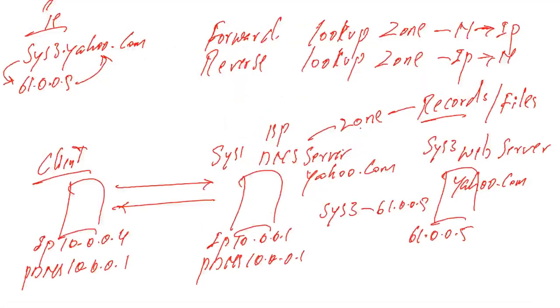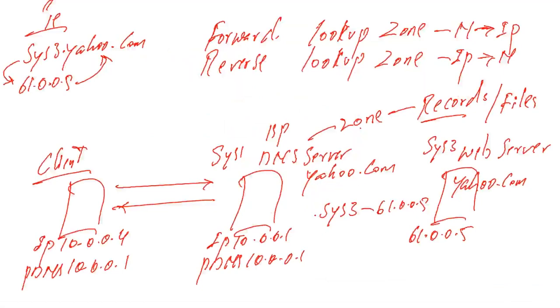Now the first record name is SOA. That stands for start of authority, and the start of authority record contains information inside the zone: how many files we have. Files means records here. For example, I created a zone by the name of yahoo.com.